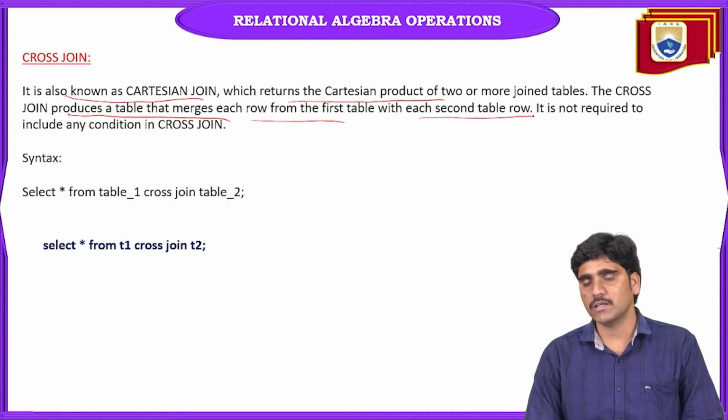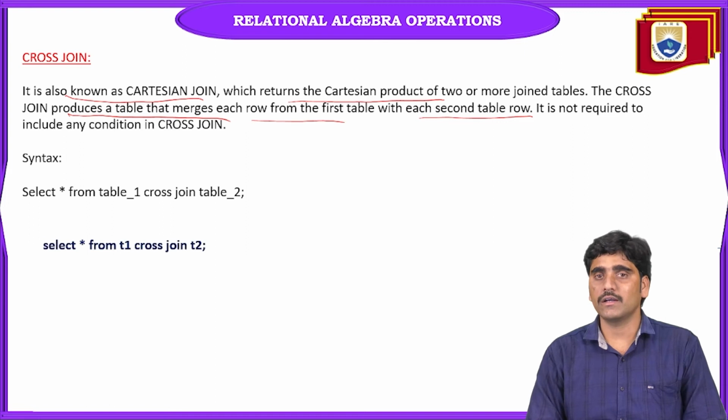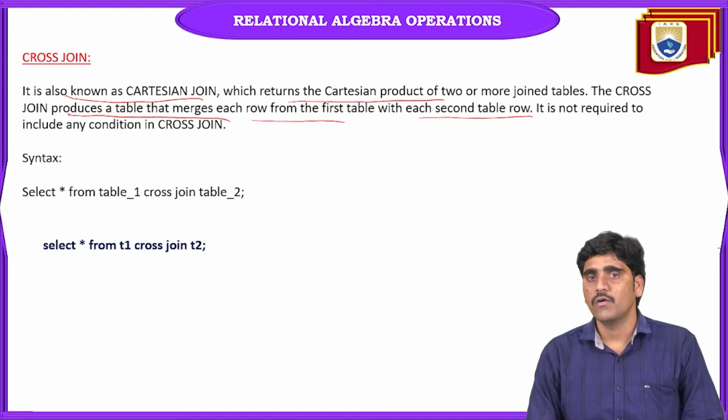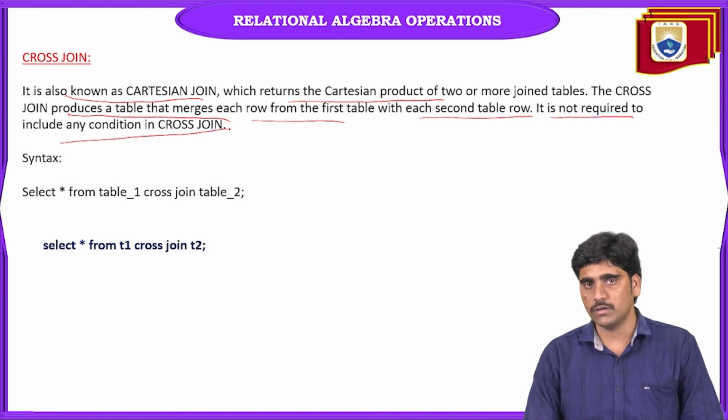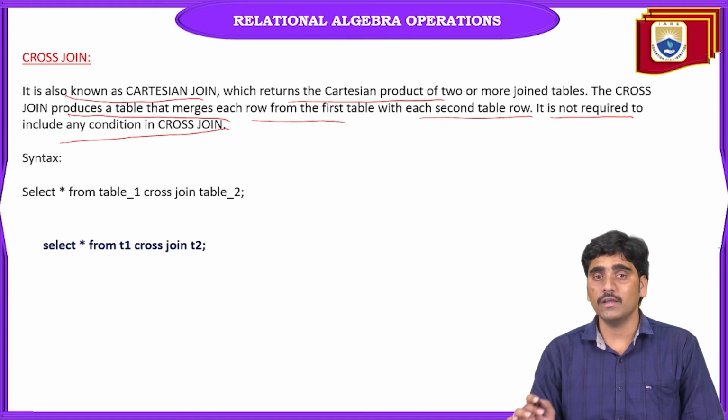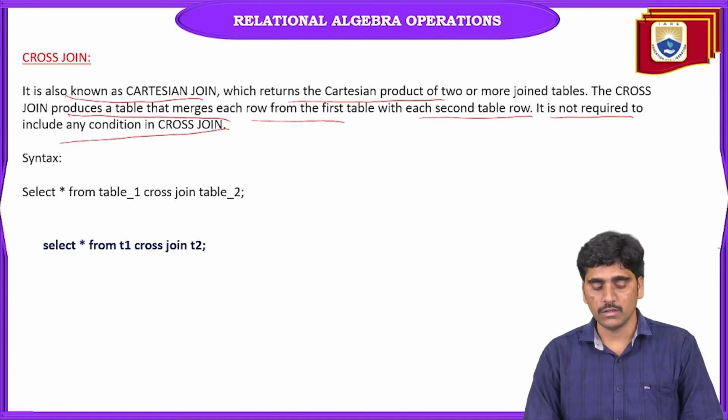That means the columns in the first table are merged with the columns in the second table. So it is not required to include any condition in a cross join.